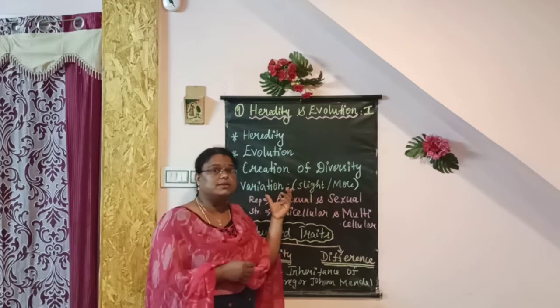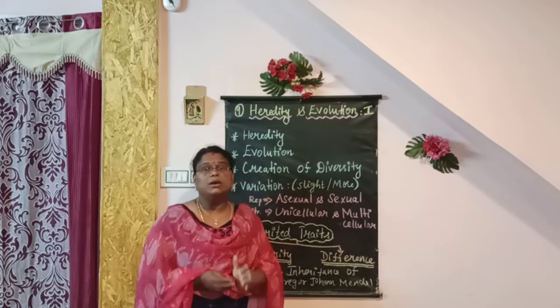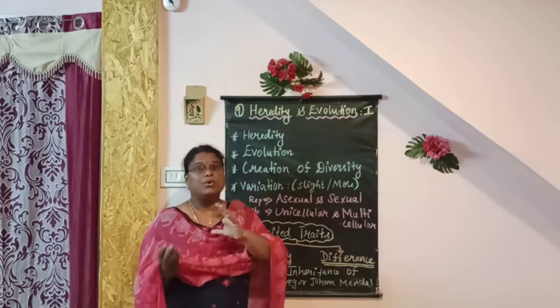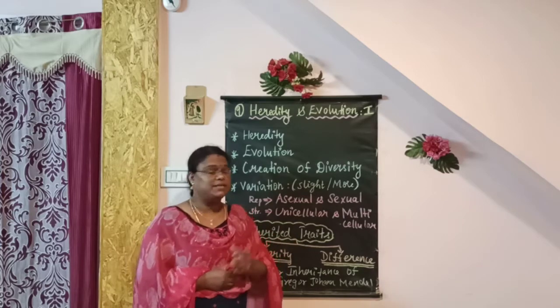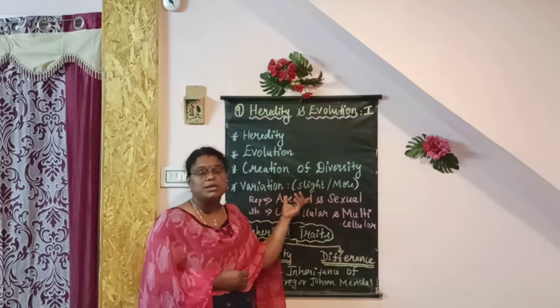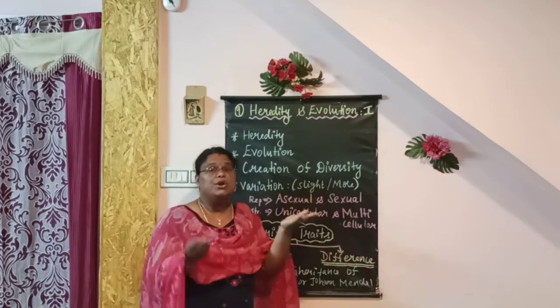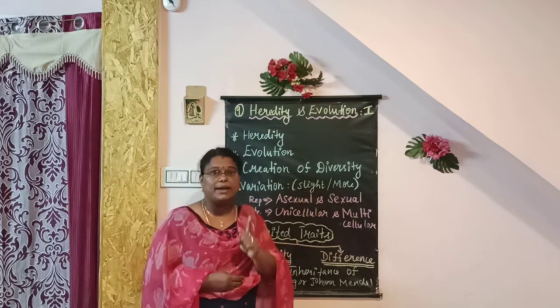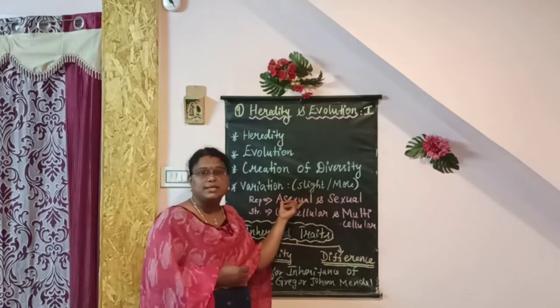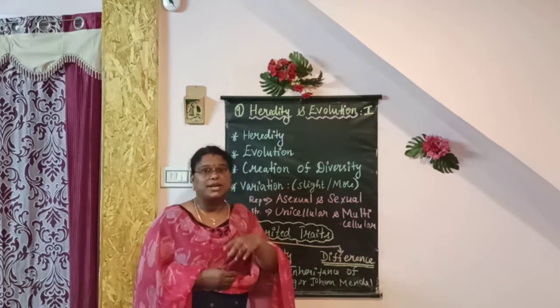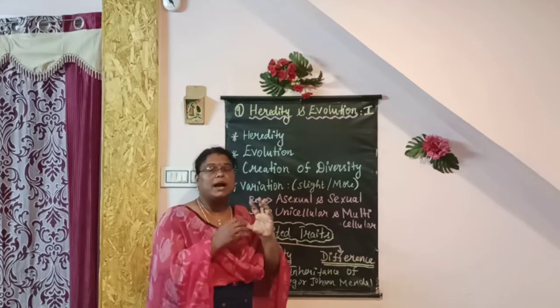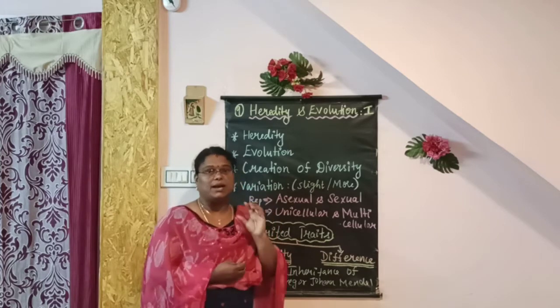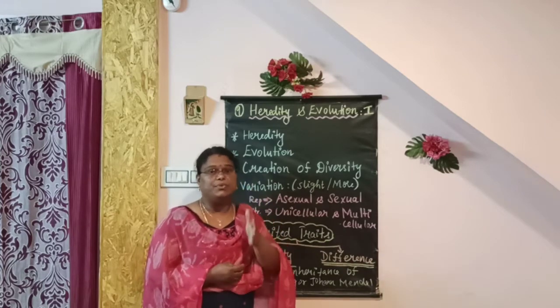Asexual reproduction is a reproduction where no fusion of gametes takes place. So only a single parent is involved in this reproduction. For example, take bacteria: a single cell divides into two.